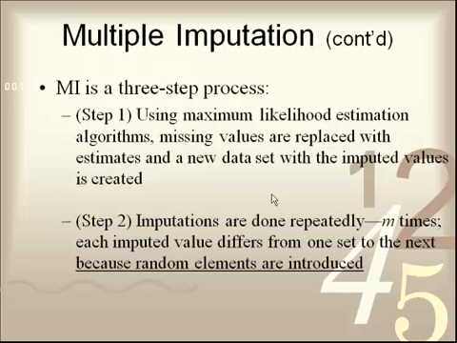Multiple imputation, just so that you know, is a 3-step process. You take the maximum likelihood estimation algorithms, and the missing values are replaced with those estimates in a new data set. So you're actually recreating a whole new data set with imputed values.